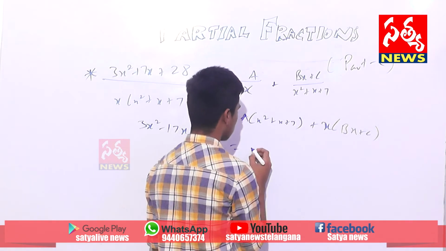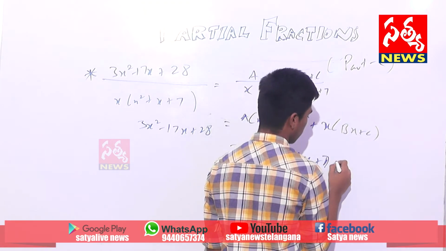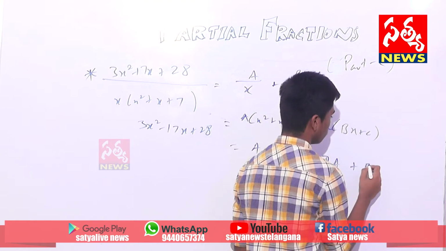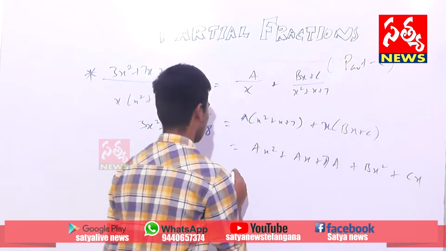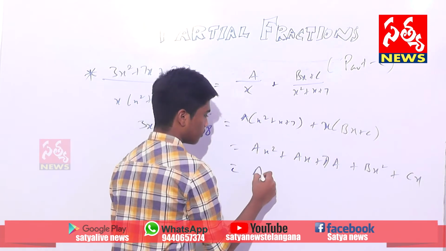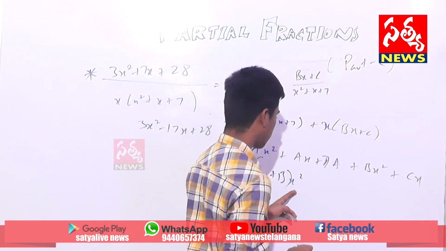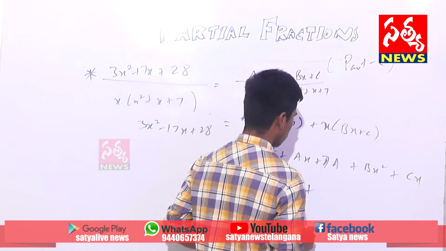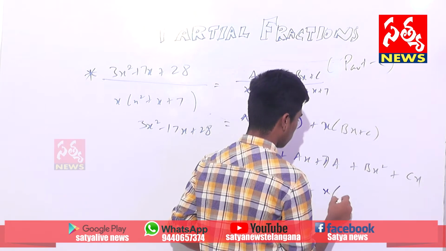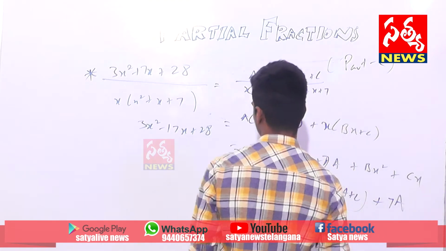Now Ax square plus Ax plus 7A plus Bx square plus Cx. Take all terms together. By taking x square common, we get A plus B into x square plus x into A plus C plus 7A, right?